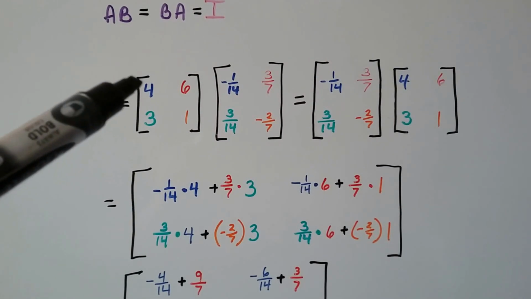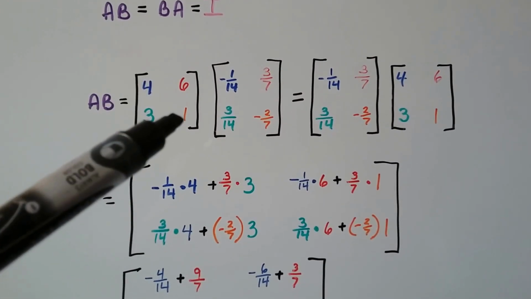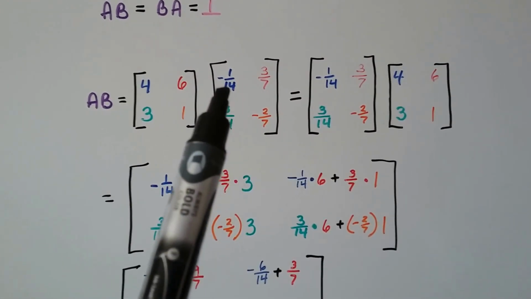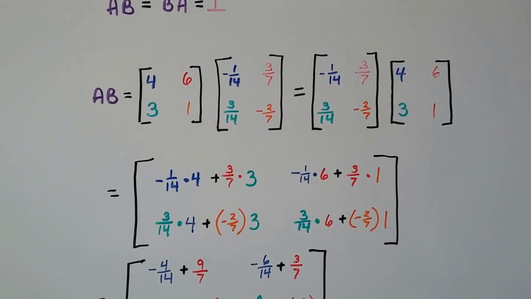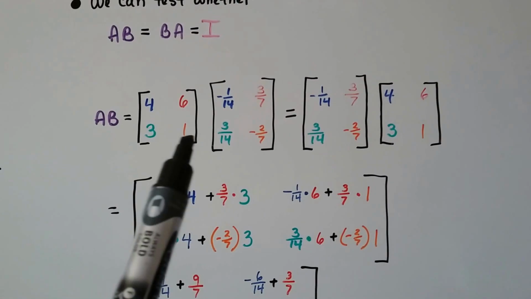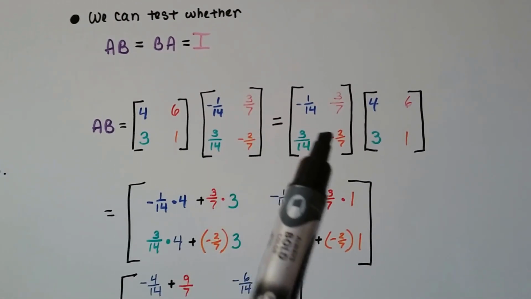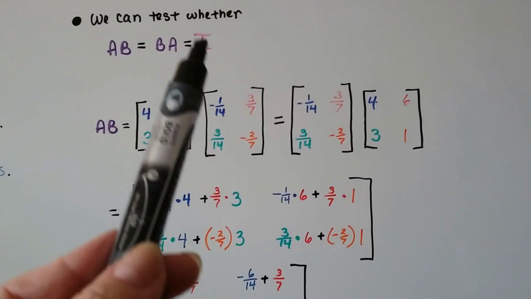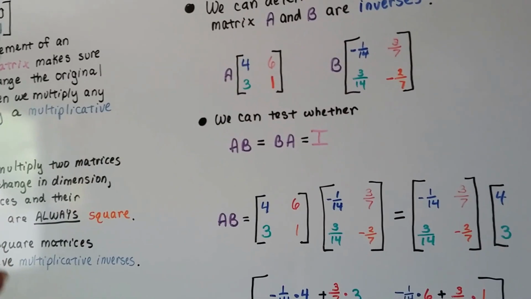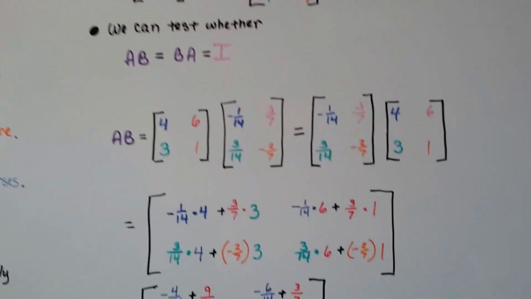We take AB, and we've got a 4, a 6, a 3, and a 1. And then in B, we've got a negative 1/14, a 3/7, a 3/14, and a negative 2/7. So it'll need to equal B times A. So we put B here and A here. And that needs to equal our identity matrix, all right? So let's see if that works.